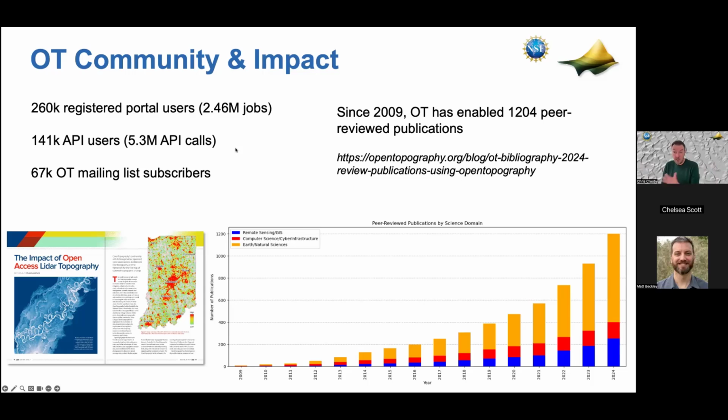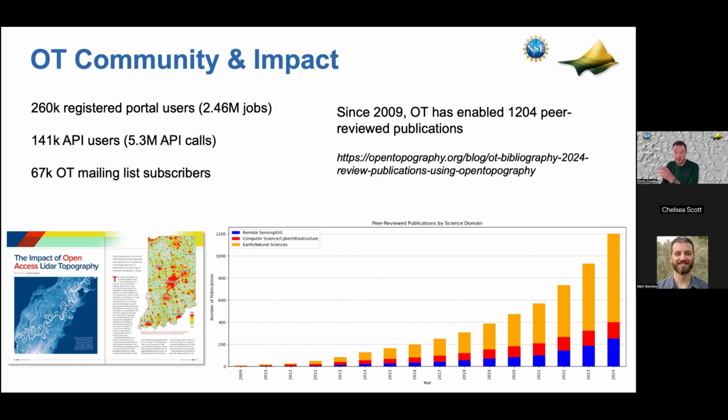For us, one of the primary motivations is facilitation of research. So since 2009, since OpenTopography began, OT has enabled 1,204 peer-reviewed scientific publications in lots of different disciplines. Earth science dominates here in orange, but also other sectors, including computer science, cyberinfrastructure, remote sensing, geospatial analyses, ecology, et cetera.